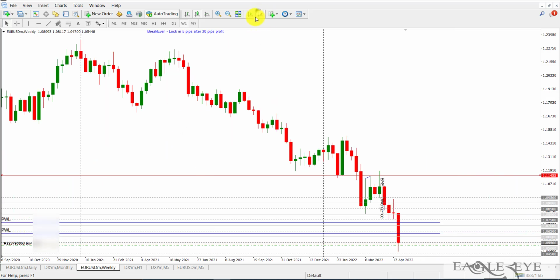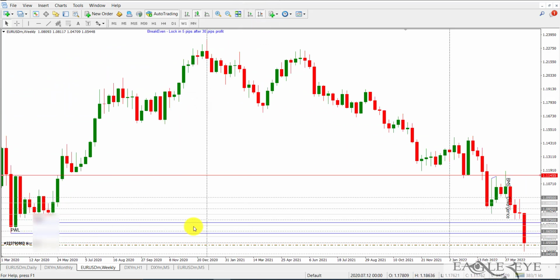The first level took a little bit of time before taking it out, and then just this past week, 25th to 29th, the price did justice to that.